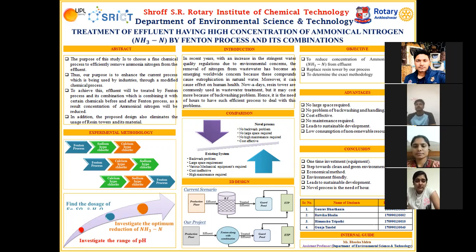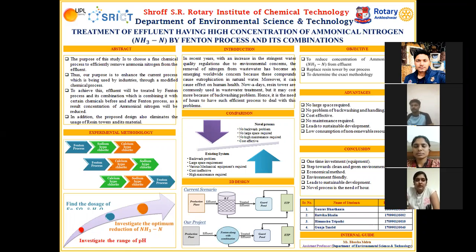This is our experimental methodology, which includes three different alternative processes. That is, in the first experiment, we'll treat the effluent with the Fenton process and then with sodium hypochlorite and calcium hypochlorite. Likewise, in the second experiment, again the effluent will be treated by the Fenton process, but after that we'll alter the chemicals.